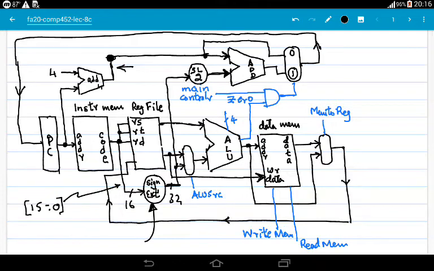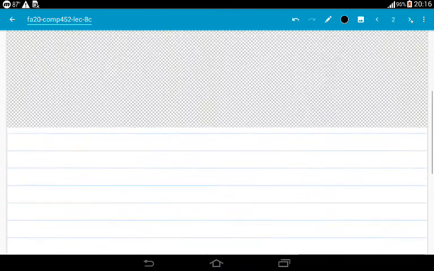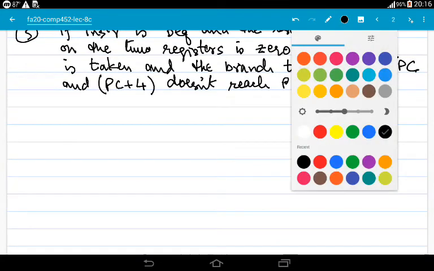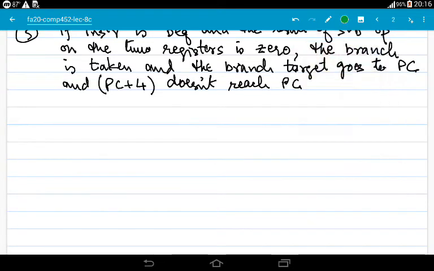And now we are going to stop, and with this we have completed our discussion of the data path. Let's write it here. Data path is complete. Which color should we use? Let's use the good green color. Data path is complete.